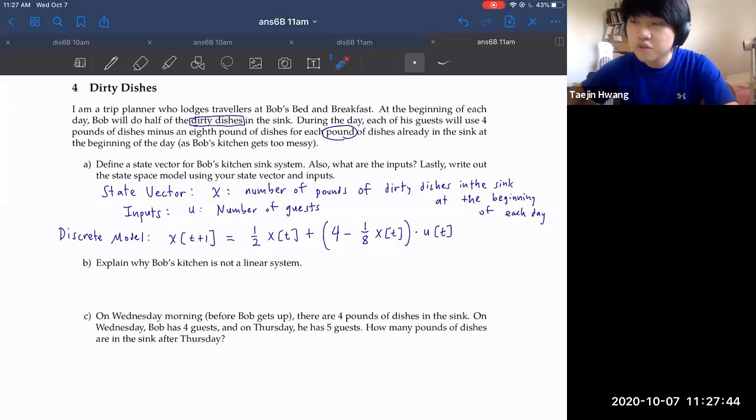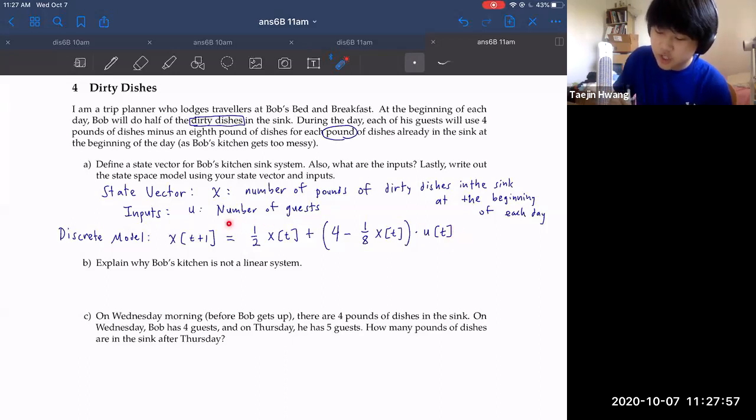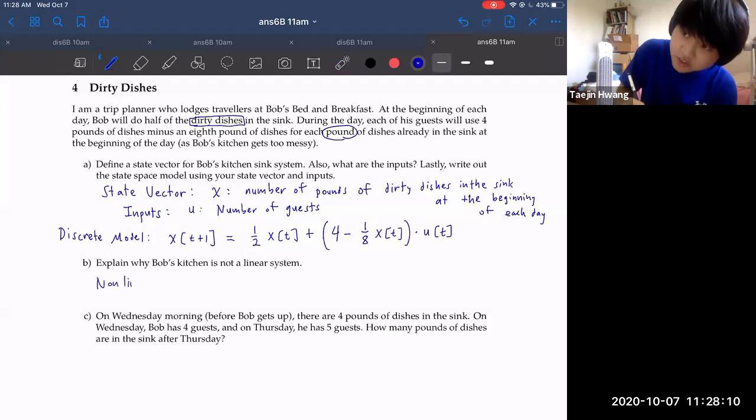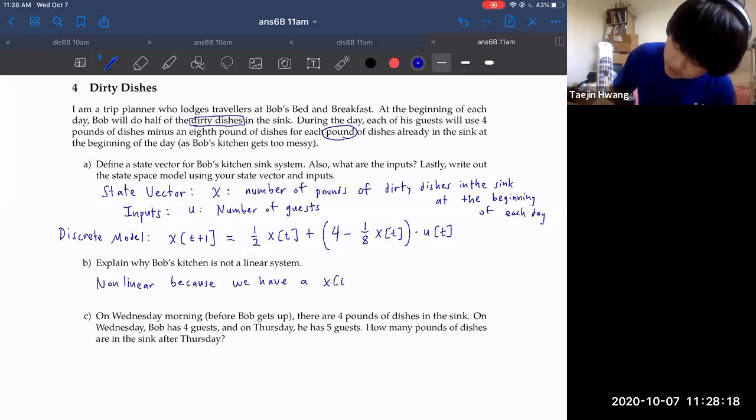There is an x times u of t term, so no. All these answers are pretty good. U isn't necessarily dependent on x because u is just the number of guests that arrive every day. Like u is a function of t. But it definitely is nonlinear because, as Alina mentioned, we have this x of t times u of t term here. So it's nonlinear because we have an x of t times u of t term.